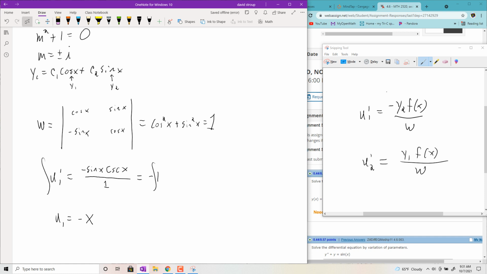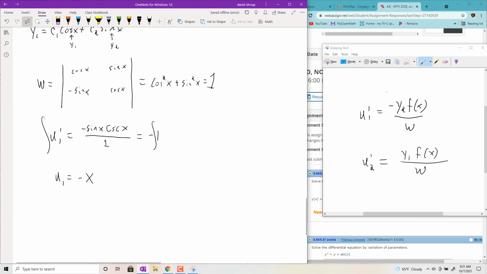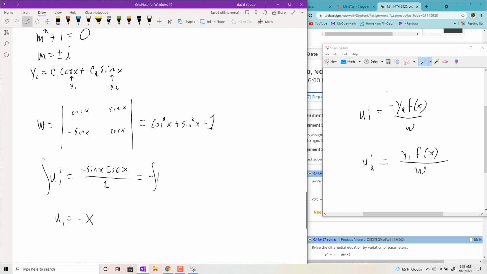So yeah, u1 is negative x, and then I need to get u2. So let's put u2 over here. So u2 prime is y1, which is cosine x, times cosecant x, all over 1.